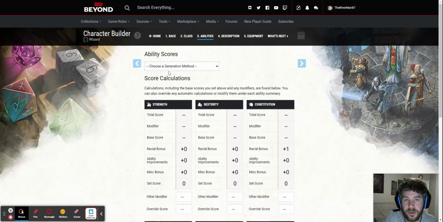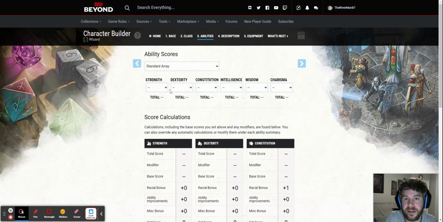Now for this, we're going to go with standard array. I like standard array because it balances everybody at the table, right? Like I said, intelligence is going to be your number one stat. You're going to want that high. You have charisma, which is your stat for how talkative your character is, how wordy they are. Maybe your character is a professor, so maybe they're a little more on the wordy side.